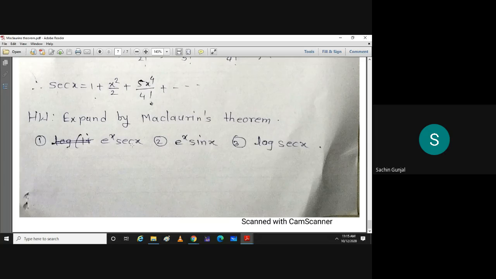Pick the first term of e raised to x, multiply it with each term of sec x, then the second term of e raised to x, multiply it with each term of sec x, and so on. Is this clear? The power will be given to you. For this example, take it as x raised to 4, or x raised to 4 or 5, whatever is applicable.